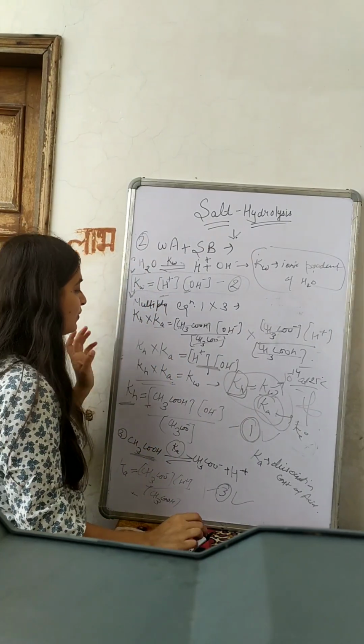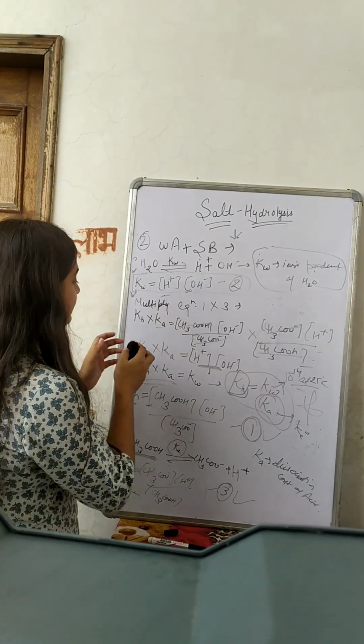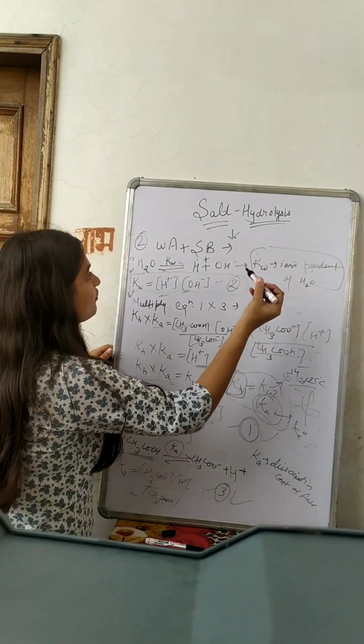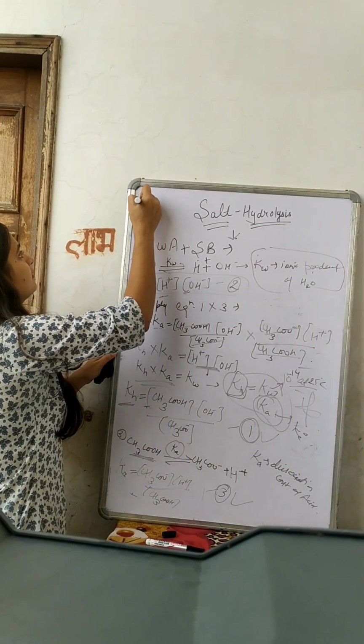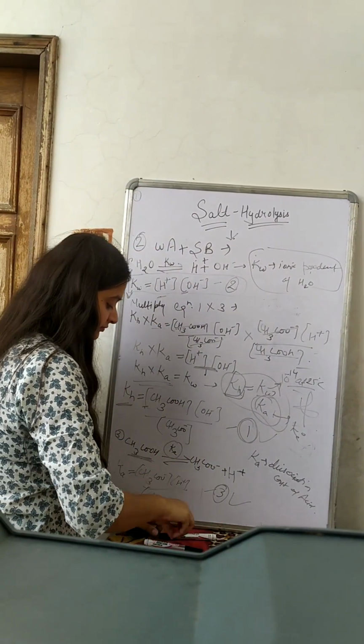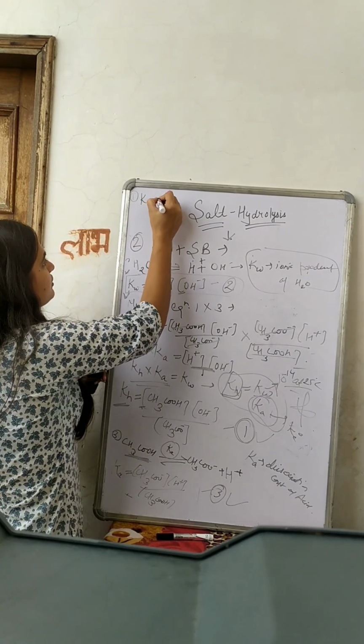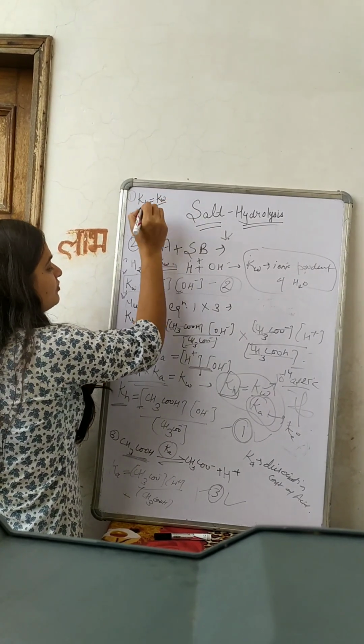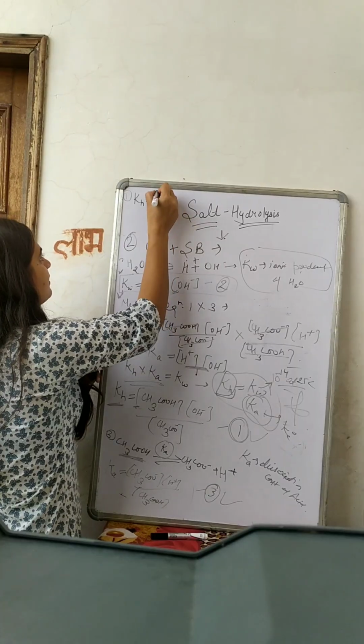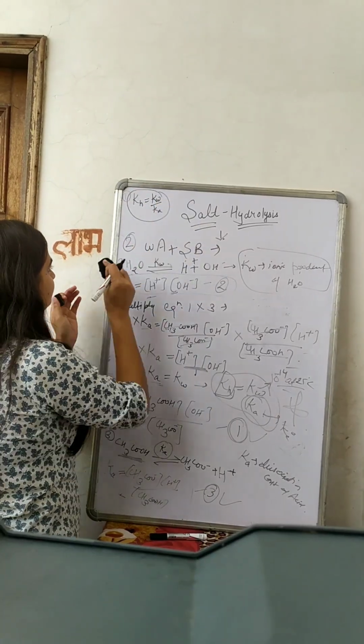Okay, so what is the next step? So I can write this formula here, that Kh is equal to Kw by Ka.